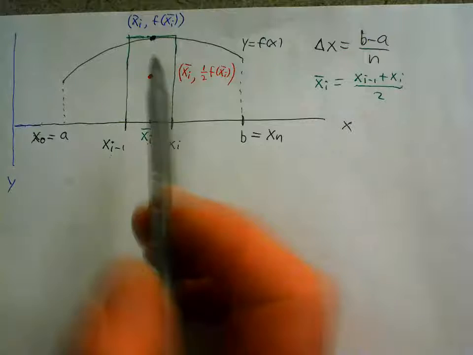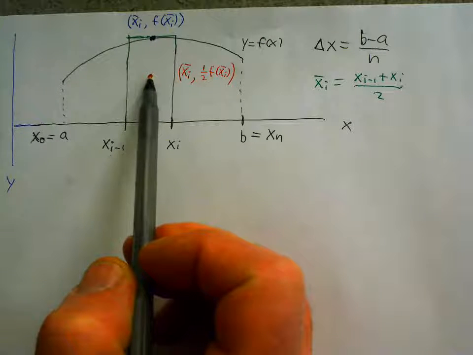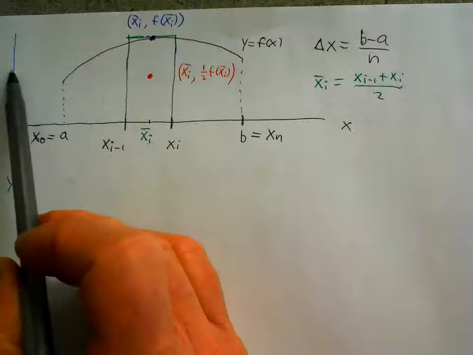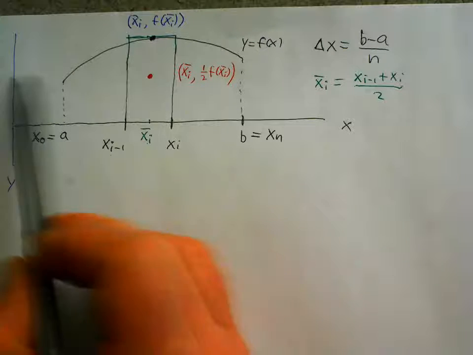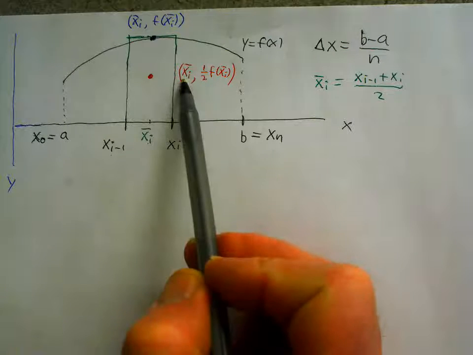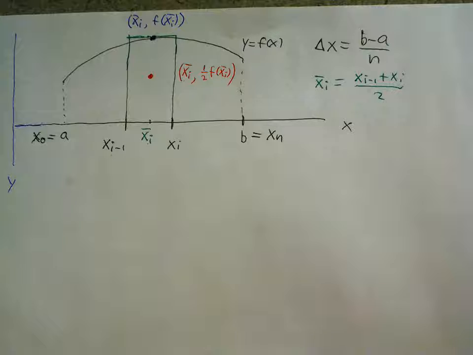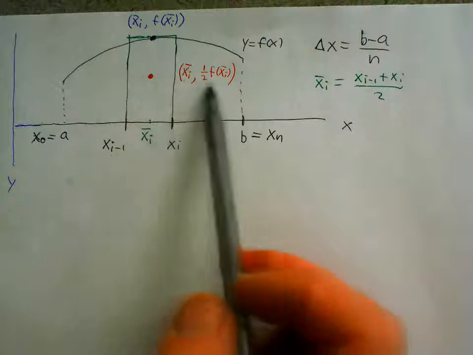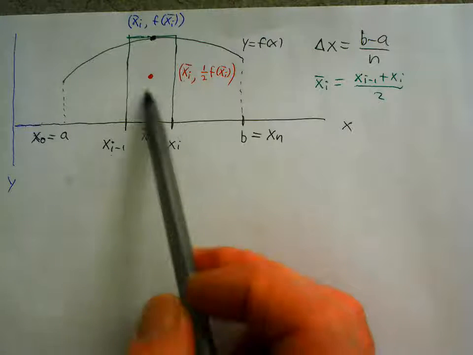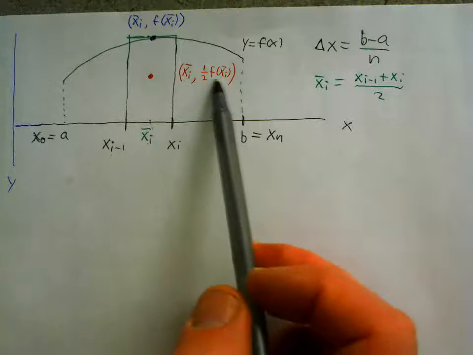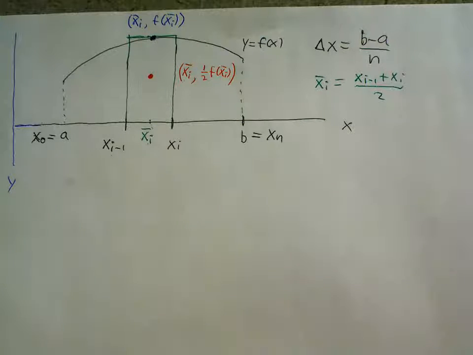Okay, the distance this centroid is from the y-axis is x sub I bar. And the distance that this centroid is from the x-axis is 1/2 f of x sub I bar.